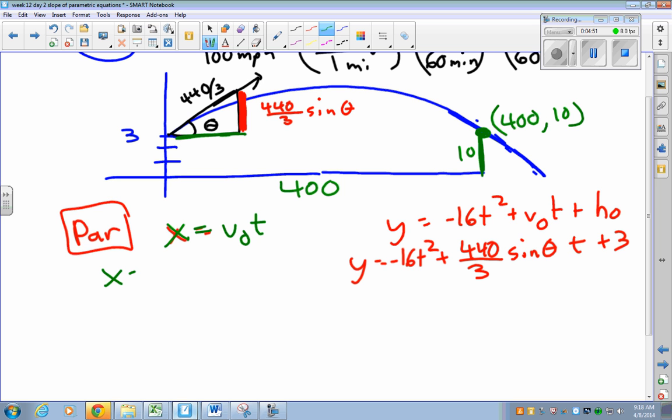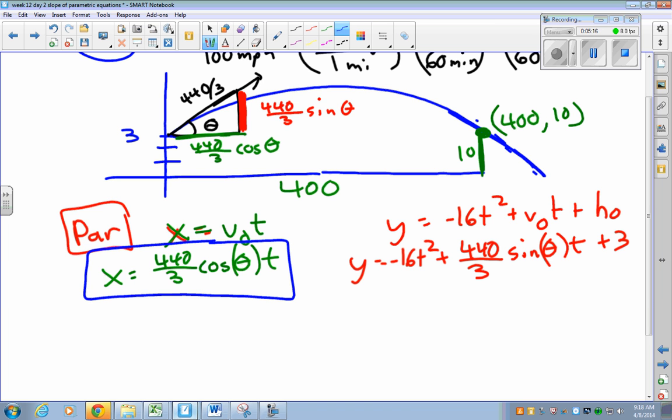So x would be not the sine component, but the cosine component. So 440 over 3 cosine theta times t. And this is cosine of theta times t, just like this is sine of theta times t. Okay? So it wanted the parametric form of this, and I have it.